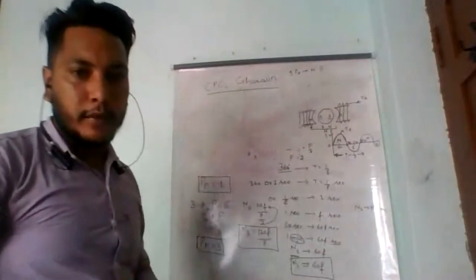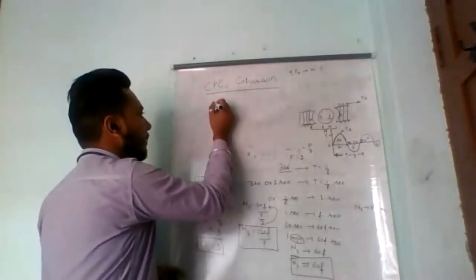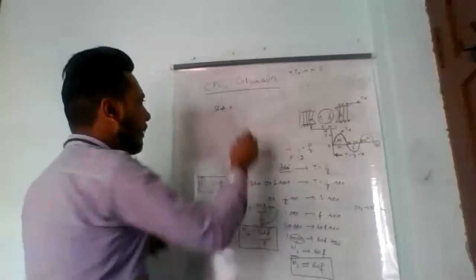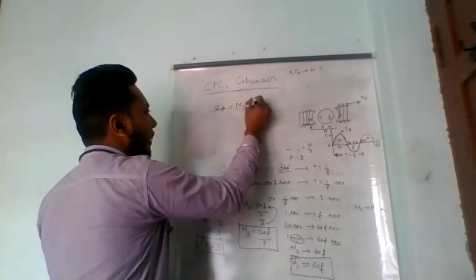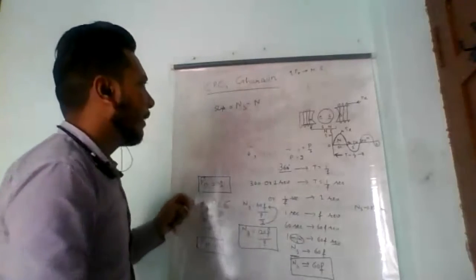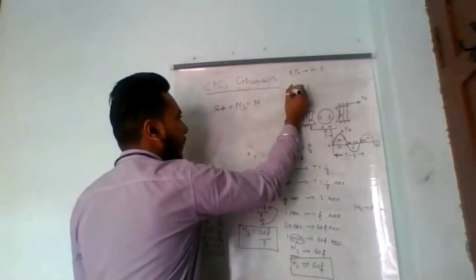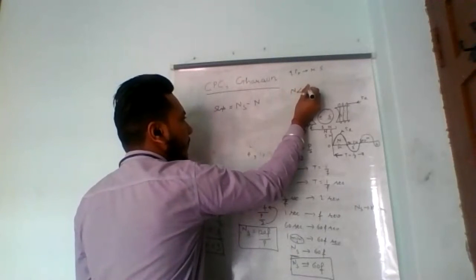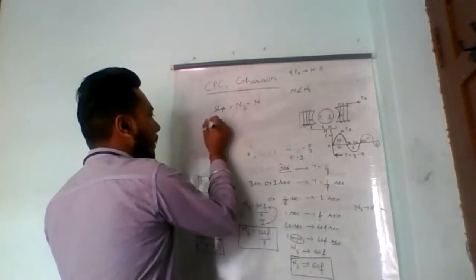Now let us discuss the slip speed. Slip, as I discussed earlier, is nothing but the synchronous speed minus the motor speed. And we also discussed earlier that the motor speed or the shaft speed is always less than the synchronous speed.